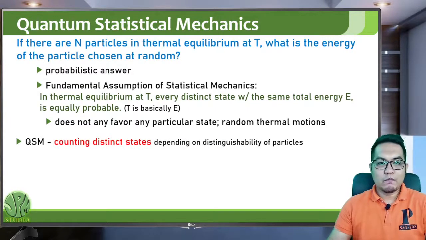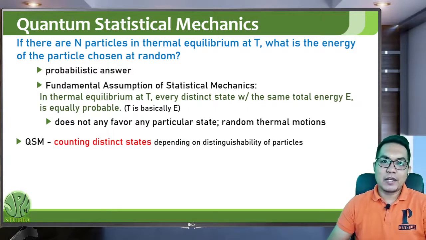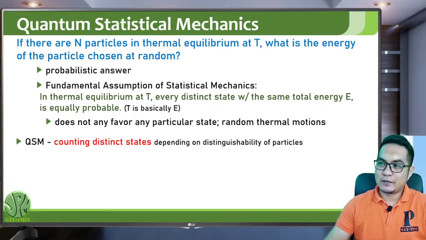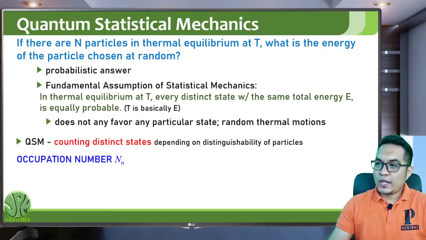So in quantum statistical mechanics, it's basically counting states, counting distinct states. And the number actually depends on whether the particles are distinguishable or identical. So we will introduce the concept of occupation number, n sub n.